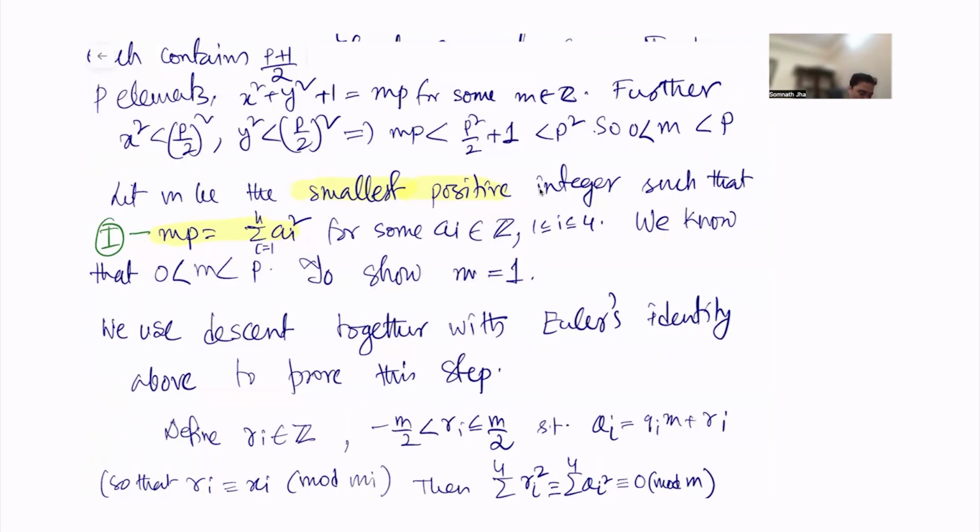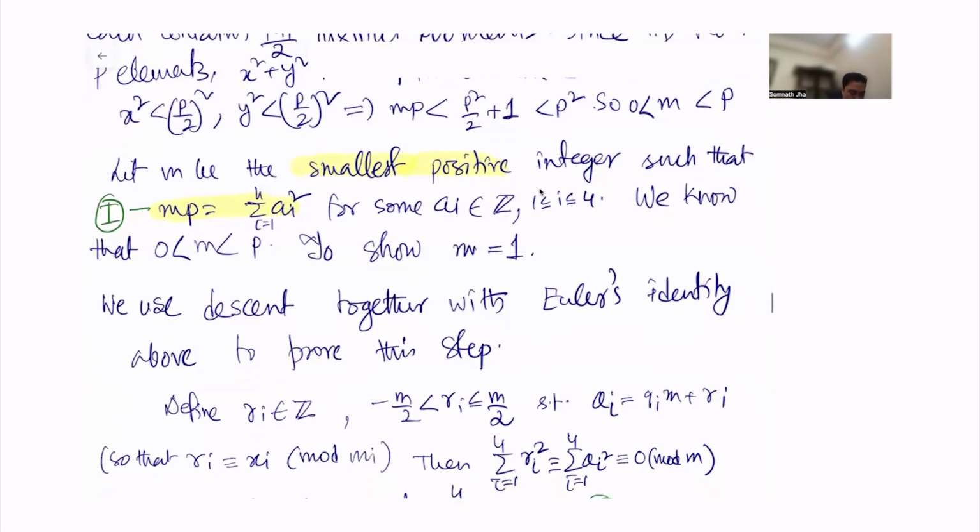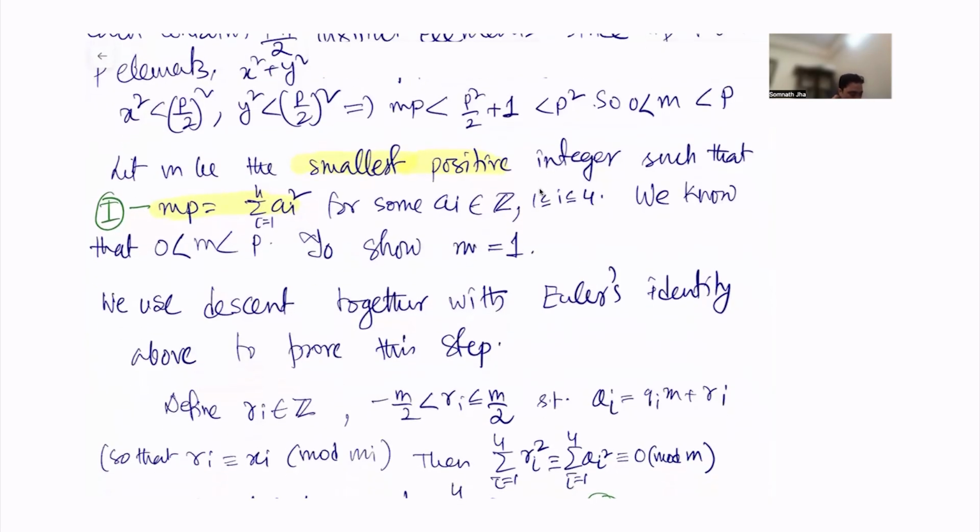You subtract m by 2, so you choose Ri to be between minus m by 2 and m by 2. Anyway, you can always do this. It's a variant of the division algorithm.